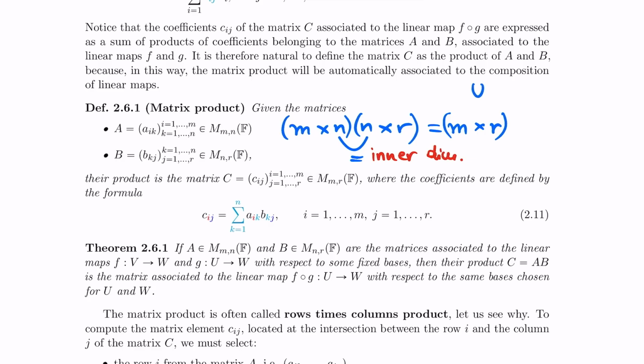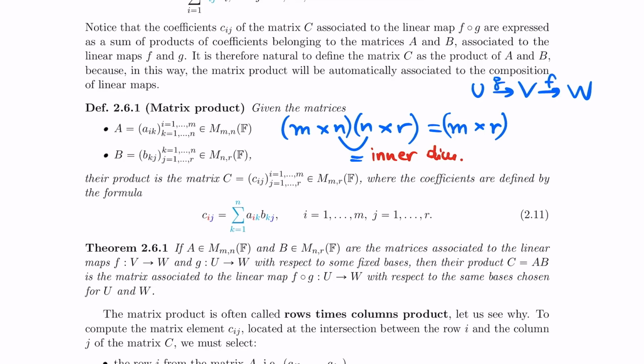In fact, we have manufactured the matrix product in order to represent functional composition between linear maps. But, as I recalled here, this is defined only if the range of the first map coincides with the domain of the second one. In terms of matrices, this translates in the fact that the inner dimensions must agree.